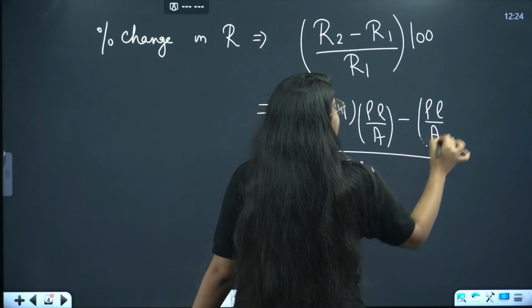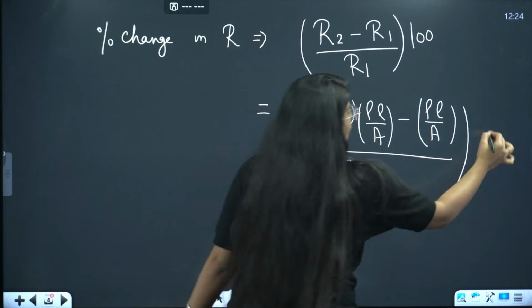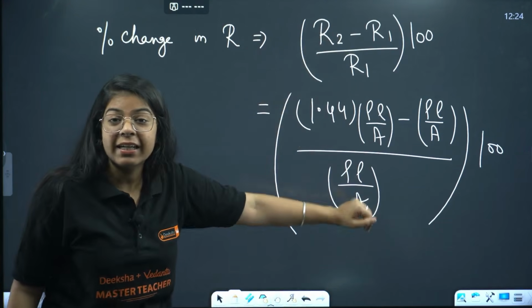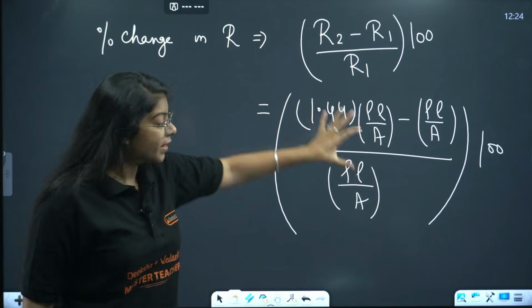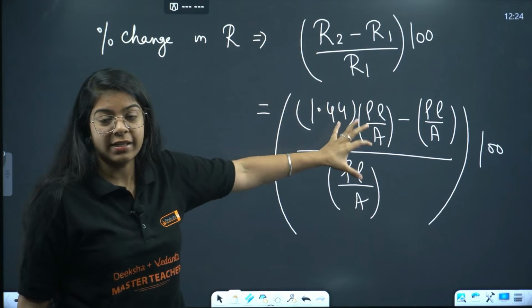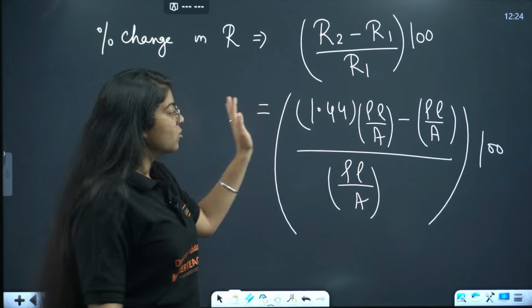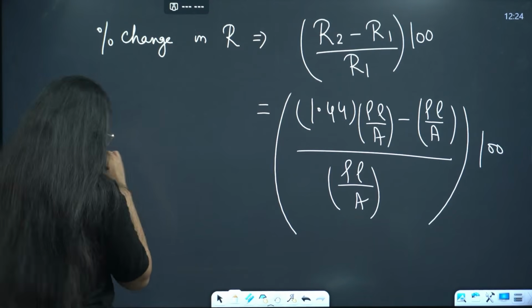Any doubt? Very easy, correct? Now see how I am putting them in brackets and they are very neat and clear. So in presentation you have to show this. In paper you have to present your numerical very carefully, very neatly. So write it exactly like this.